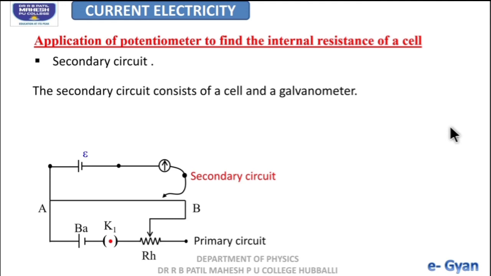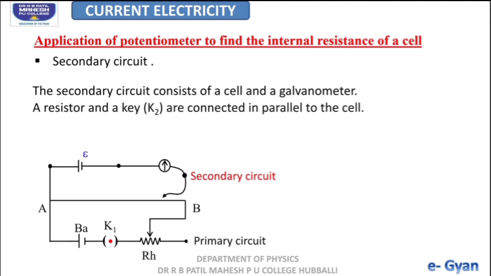In addition to this, a resistor and key K2 are connected in parallel to the cell. This is the arrangement for finding the internal resistance of a cell.